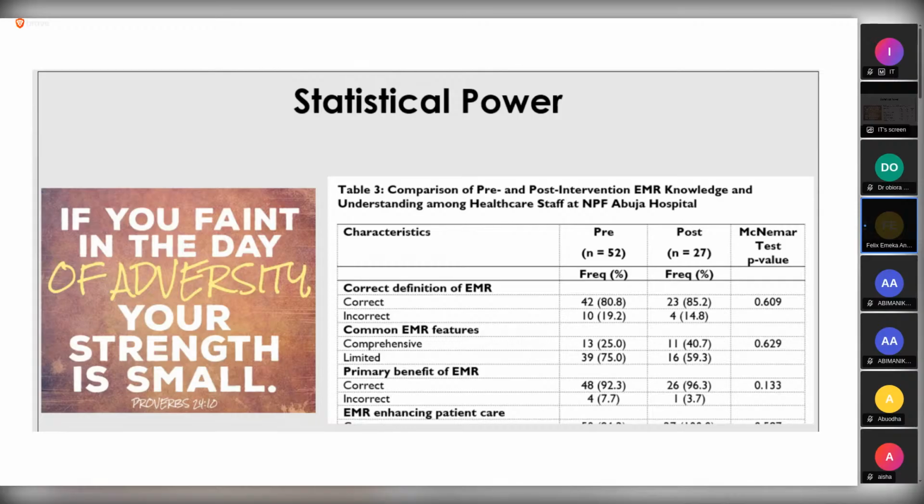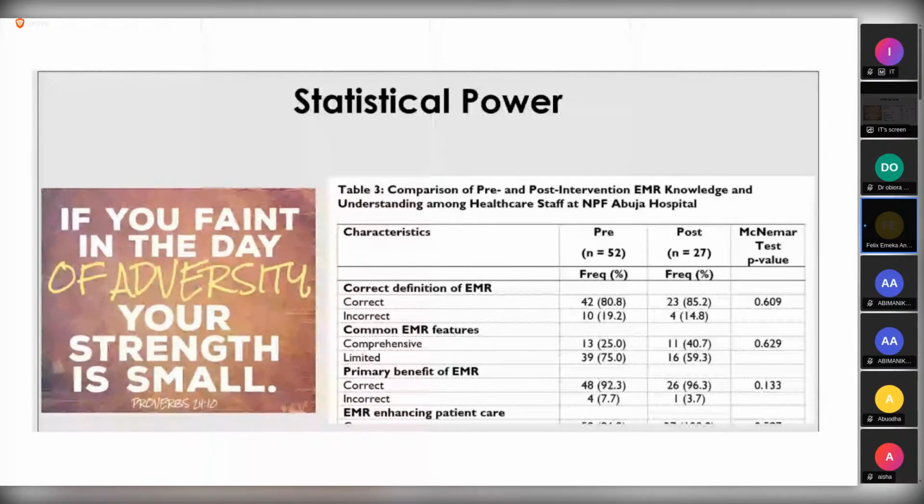Look at the second one, common electronic medical record features. Their comprehensive knowledge of it was only 25%. But after the training, it increased to what? 40.7%. But how come an increase from 25% to 40.7% did not show a statistically significant difference?